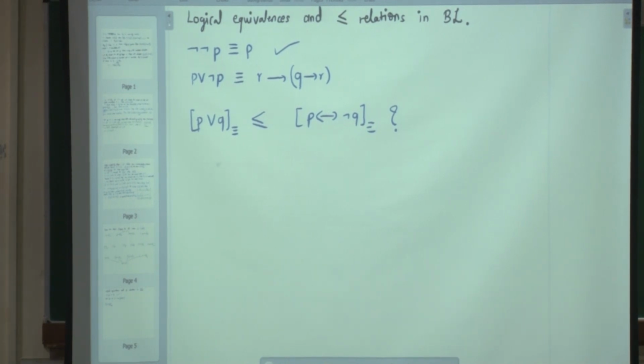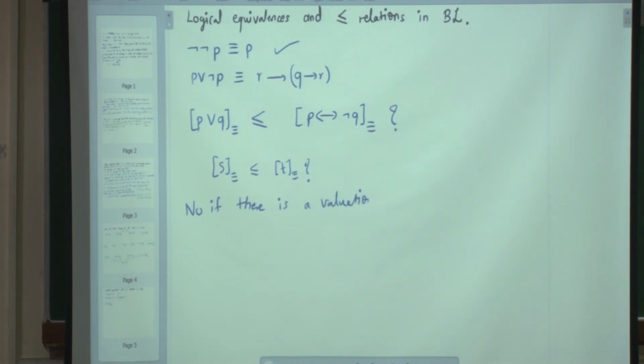In general, I am asking you this, how to check this? If there exists, sorry, the answer is no. If there is a valuation V such that V of S is true, but V of T is false.